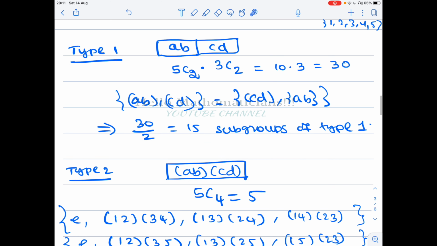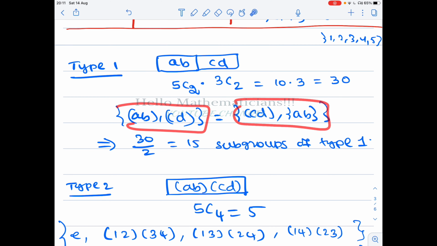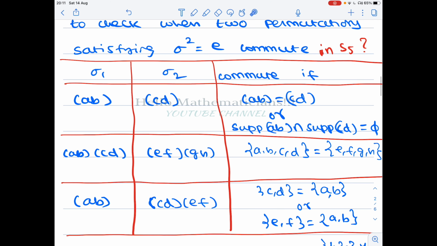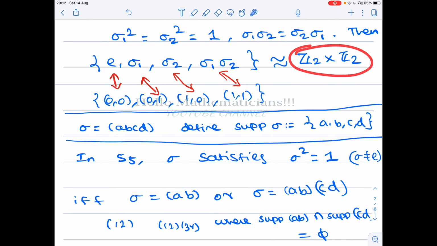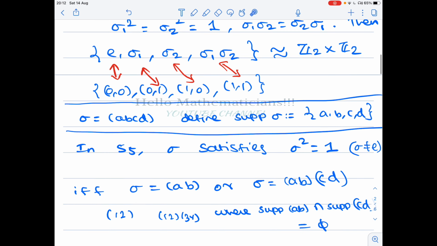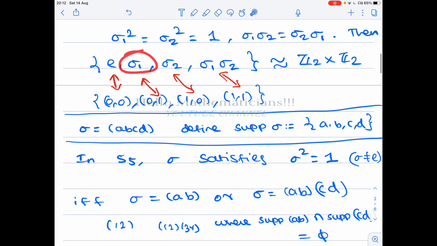Now I have selected (A B)(C D), as well as (C D)(A B), but these two things are equal. So why do I need all these things? These two elements commute if they satisfy this condition, and each of them has order 2. If I can get commuting elements of order 2, I can construct a subgroup isomorphic to Z2 cross Z2 by putting this element in place of sigma 1 and this element in place of sigma 2.